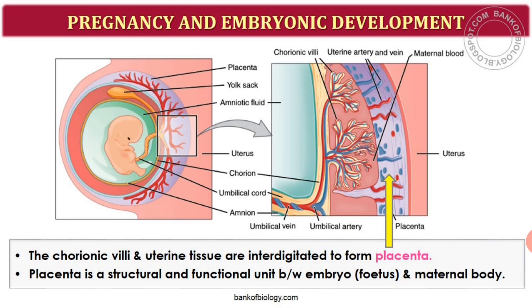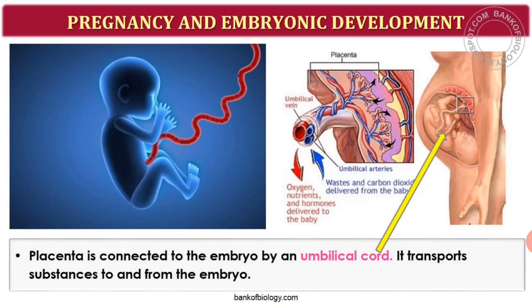It is going to act like a bridge, as I told you. Your placenta is not directly connected to the baby, but instead it is connected to the embryo by an umbilical cord. And this placenta will help in the transportation of substances to and fro from the embryo.